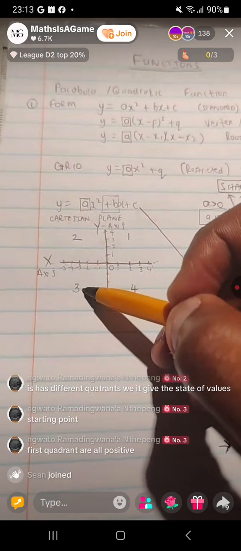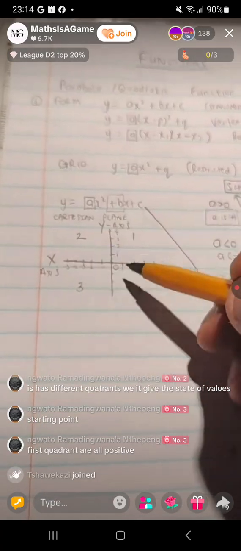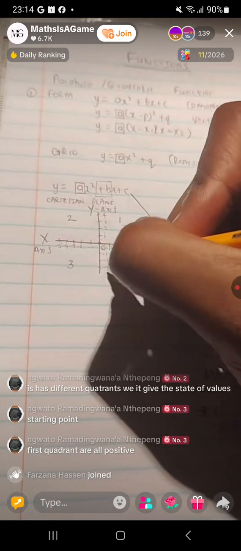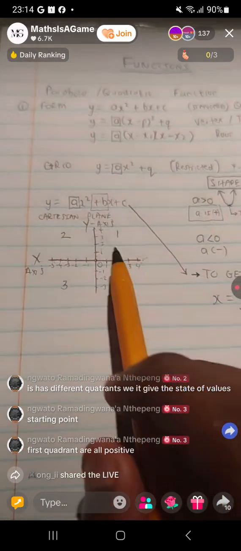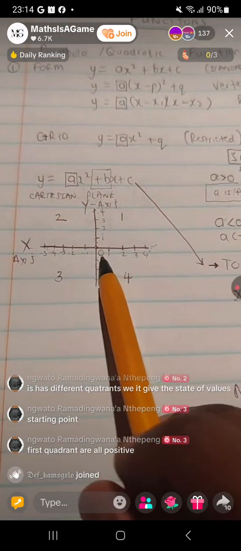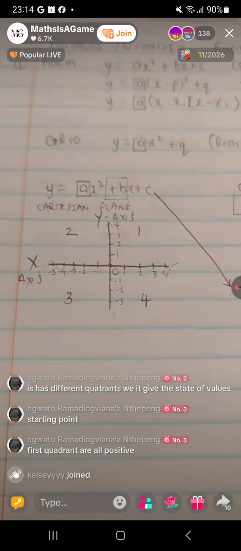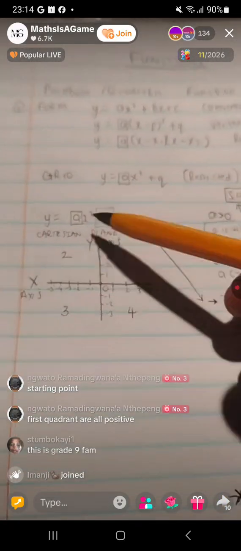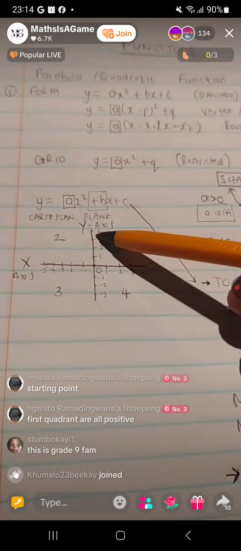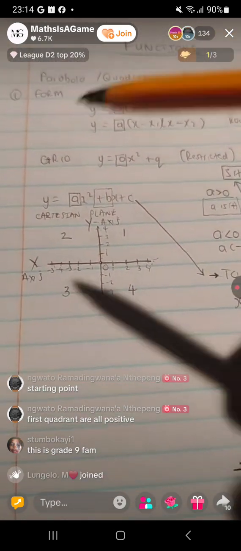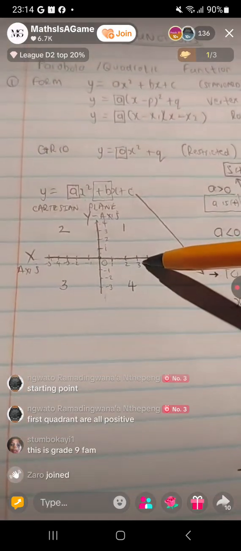In the third quadrant, your x values are negative, and your y values are also negative. Then in the fourth quadrant, your x values are positive whilst your y values are negative. So this is what we call, guys, a Cartesian plane. And as I said to you, this is the x-axis.